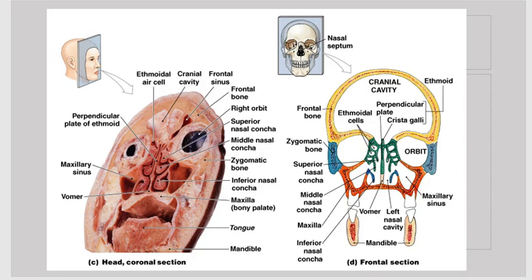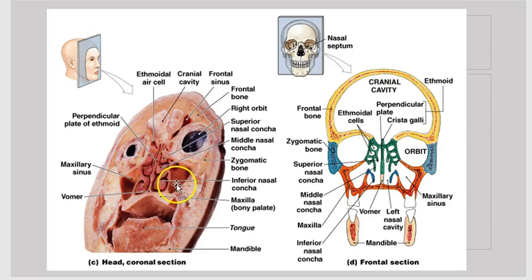I really like this image, one, because it's kind of creepy, and two, it's showing you a nice frontal or coronal section. Here you can see where it says coronal. You can see a little bit of the cranial cavity here. As you go down, you can see that perpendicular plate of the ethmoid and those three scroll-like conchae. And right down here, you can see where the vomer meets up with that perpendicular plate.